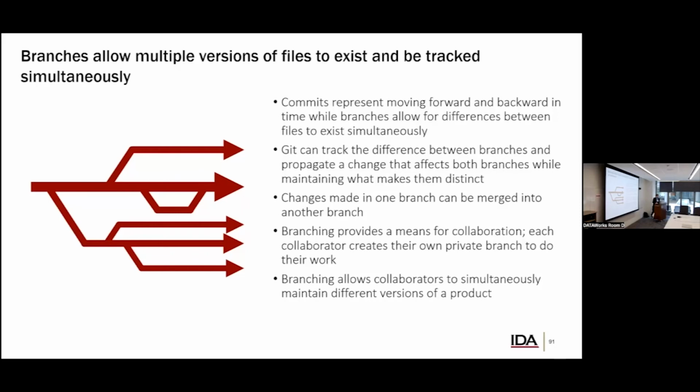So they have much greater use for branching than we do, but branching can be useful if you want to try some experimental changes without altering your original work. It can be useful if you want to have different people working on this project and you don't want them all committing directly to the main branch.